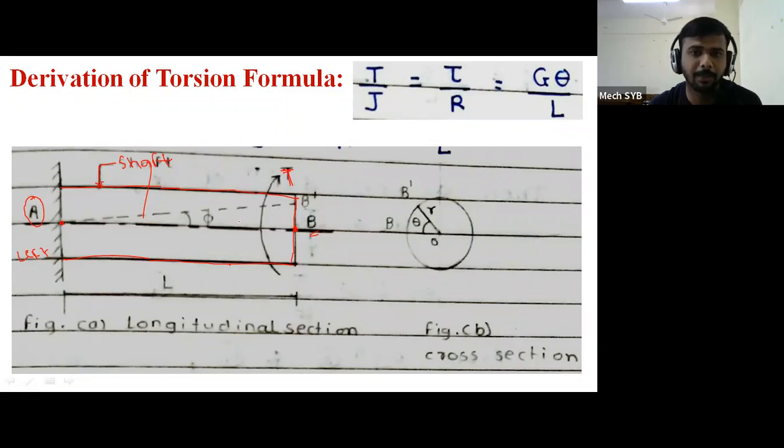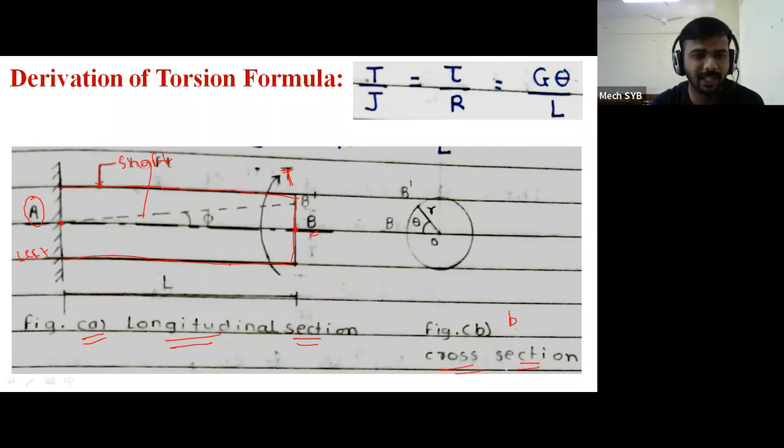In order to derive this, two sections are considered. If you see figure number 1, this is figure A, which is called the longitudinal section, and this is figure B. In front of that, again one figure is there, which is called a cross section.